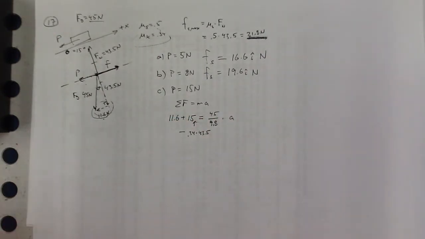So what do we have here? 26.6 minus 0.34 times 43.5, and that divided by 45 over 9.8. I don't like that number. That doesn't seem right. That can't be right. What did I do wrong?